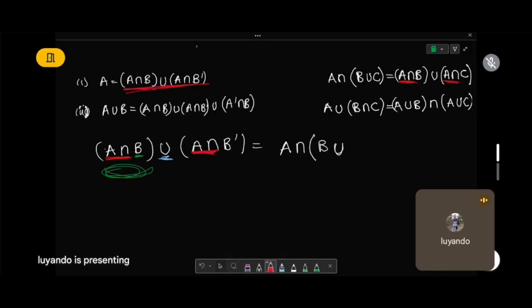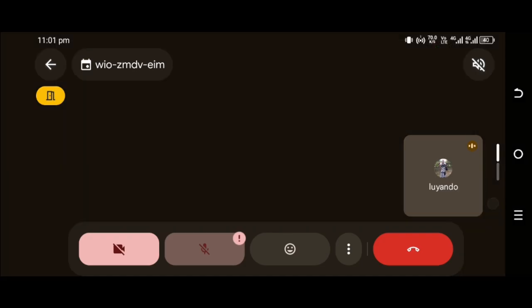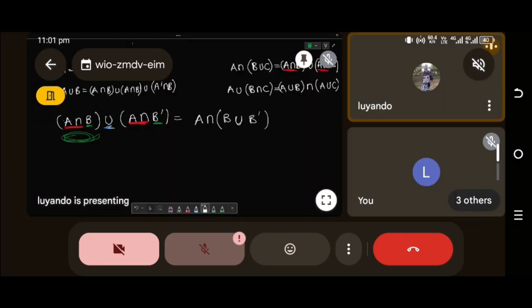In the second bracket, since we have already factored out the A intersection, the only element remaining is B complement. You write it like that. Are we all clear on that?